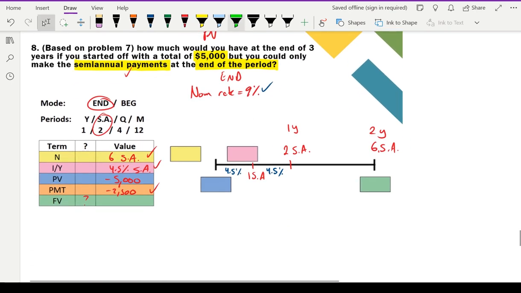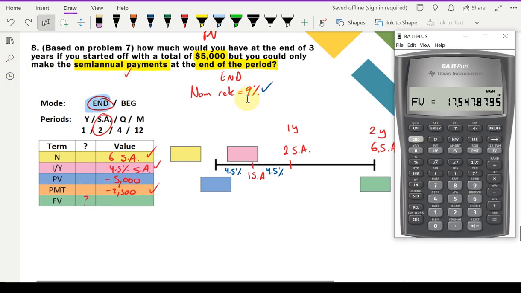So what changed was changing to end mode, and then the present value. So I know I can go back to my financial calculator, and at this point it's really easy to say second, change this to end mode. Okay, and then the only thing that changed about this problem was that the present value was now $5,000 negative. So I'm just going to put that into present value. So those are the 2 things that changed.